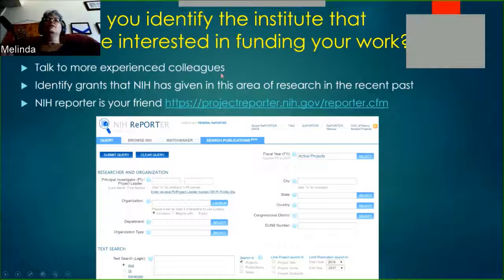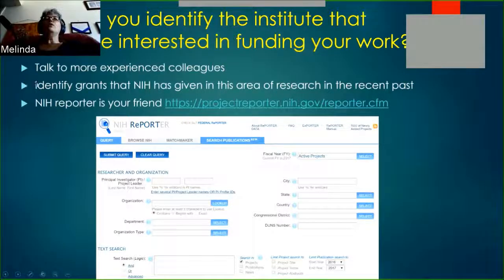It's always good to talk to people who are experienced, but it's also good to take that as one data point and do research on your own, because just because somebody's experienced doesn't necessarily mean they really understand the institutional priorities of all of the various bureaucracy at the NIH.